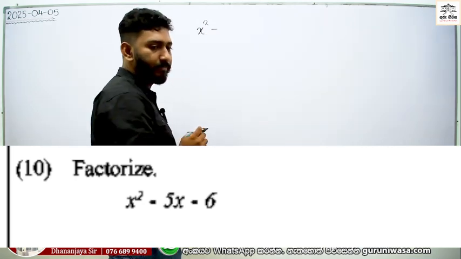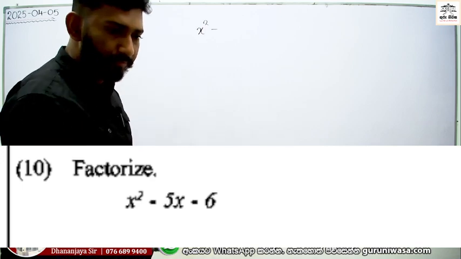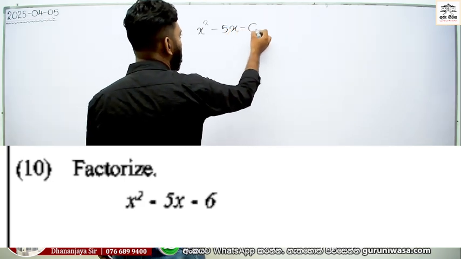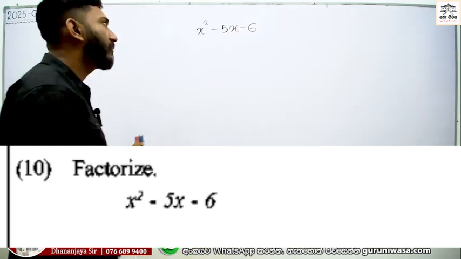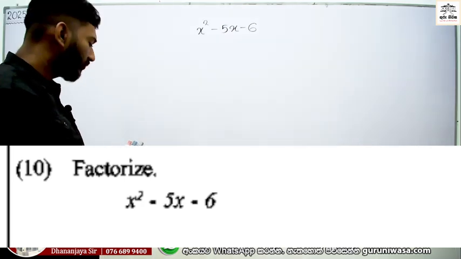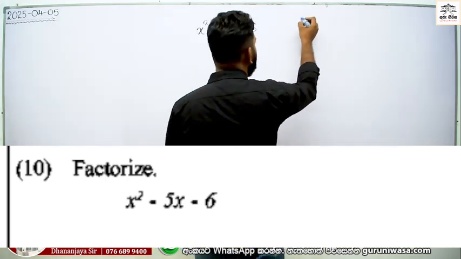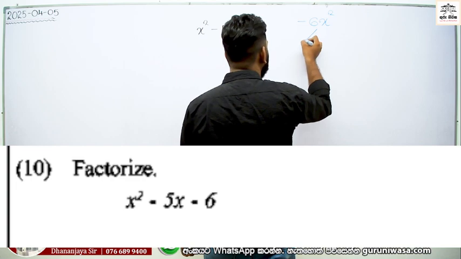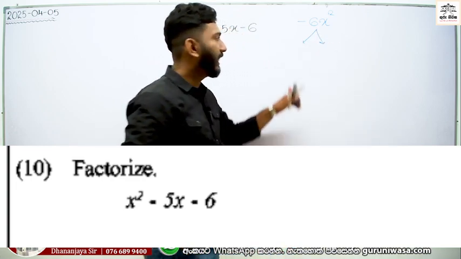Very good, Manisha. Order is correct. There are no common factors. And the first one into the last one becomes minus 6x squared. And the theorem part becomes a negative.